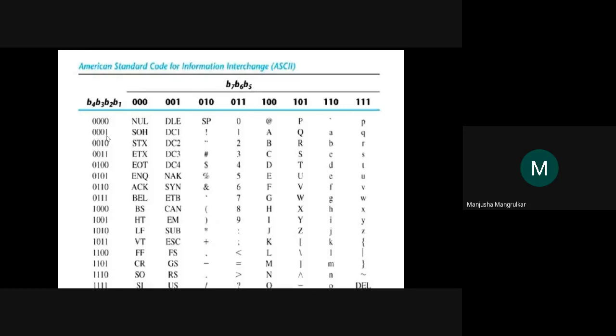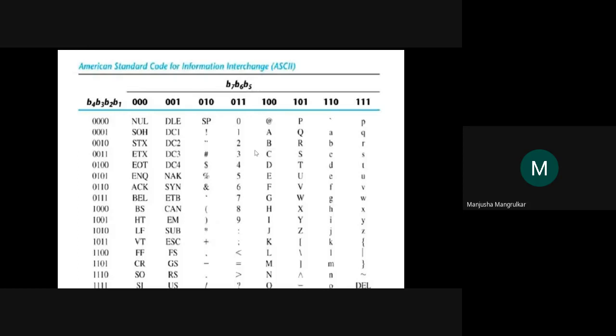What will be the value of the hexadecimal value? It is converted into binary directly: 1000001. It is 41 hexadecimal. For the small letter a, it is 1100001. That is hexadecimal 61. So it is converted.